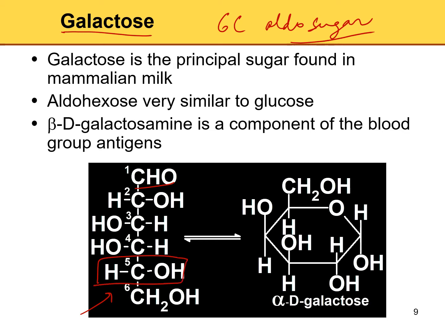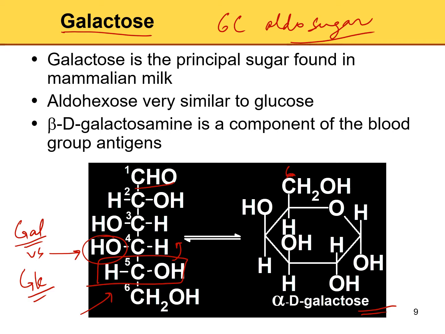The D form is there, and for glucose, going up, there should be an OH on the right, and it's not. The OH is on the left hand side, and that is the only difference between galactose and glucose. Please make sure you know this, and that is reflected in the Haworth projection as well.